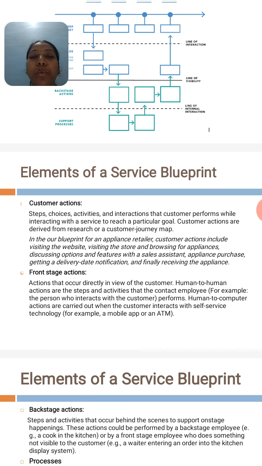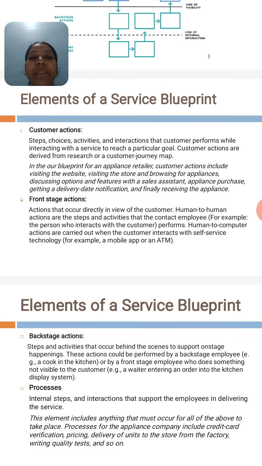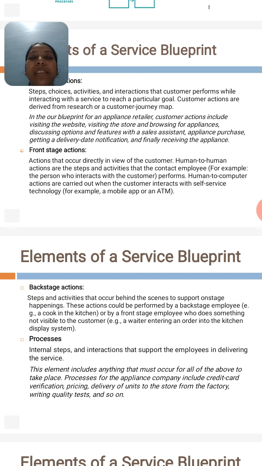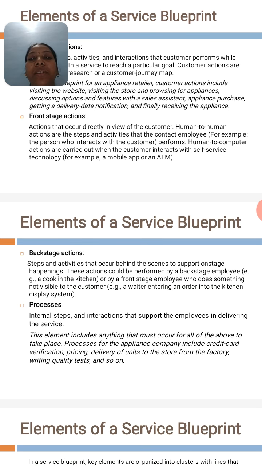In our blueprint from an appliance retailer, customer actions include visiting the website, visiting the store and browsing for appliances, discussing options and features with a sales assistant, purchasing the appliance, getting a delivery date notification, and finally receiving the appliance. Second, front stage actions.